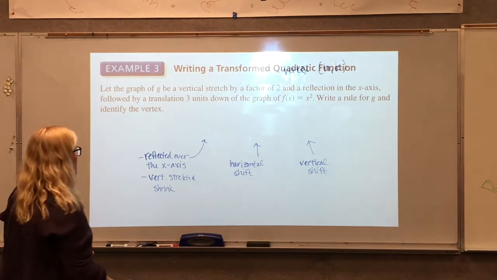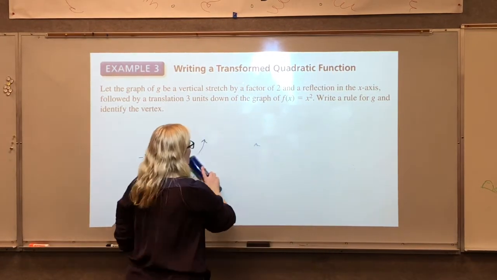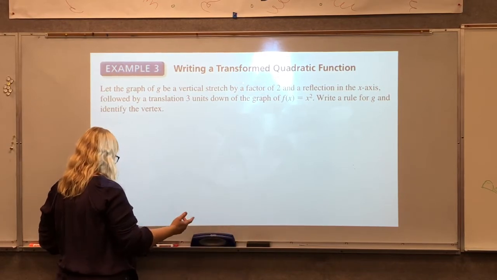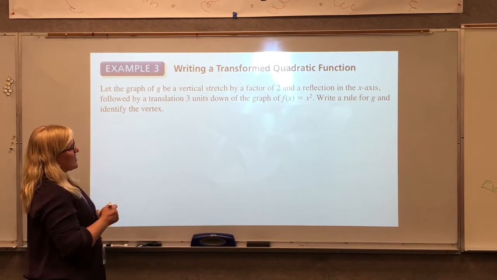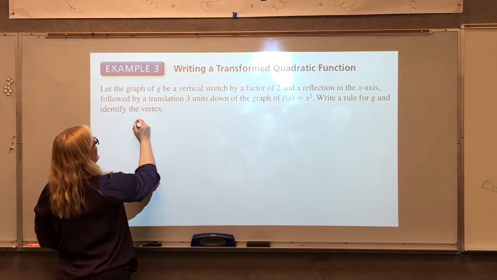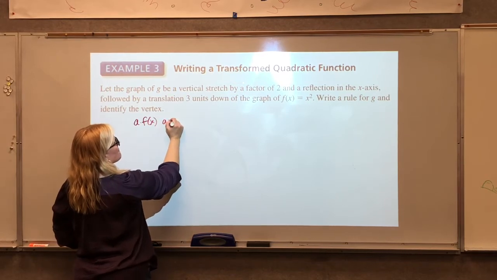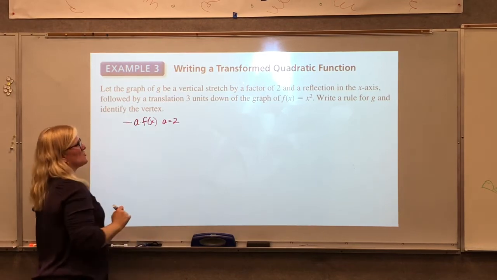So here's another example. This is when we start doing more, well, we did this in the last chapter too, but when we have more than just one thing going on. It says, let the graph of g be a vertical stretch by a factor of 2, and a reflection in the y-axis. So I'm just going to do that.